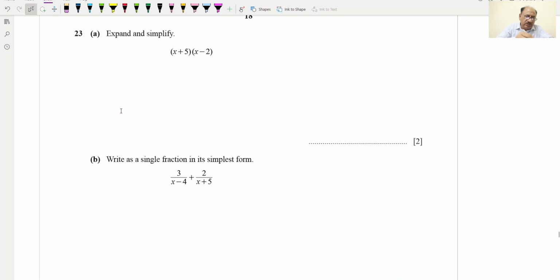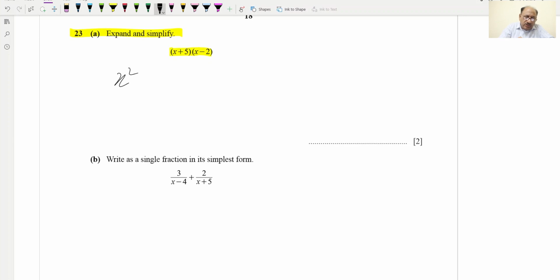Now question number 23, we need to expand and simplify this expression. So we can multiply x with x, and this will give us x squared.